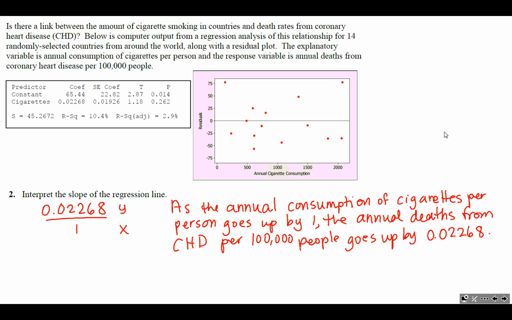Okay, if you accidentally switch the x and y, then it's going to be completely wrong. You have to have the 1 with the explanatory variable and the 0.02268 with the response variable. So be very careful of that when you're writing up your interpretation.